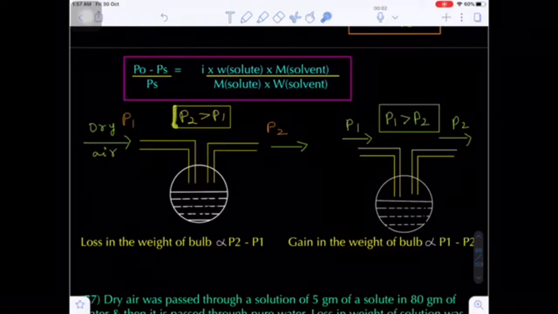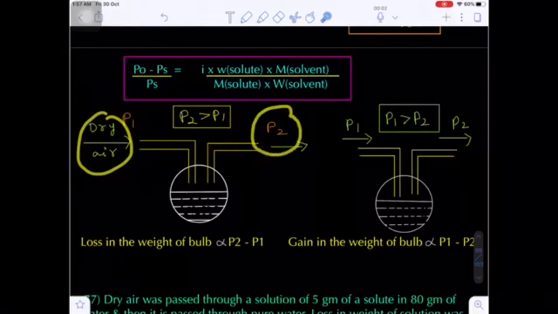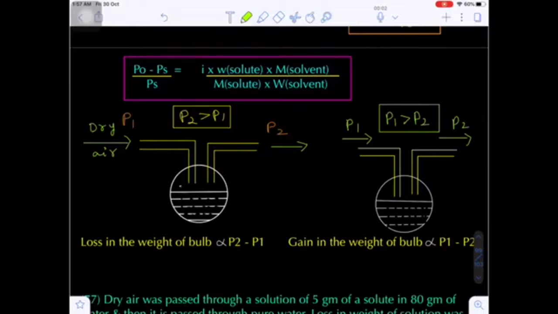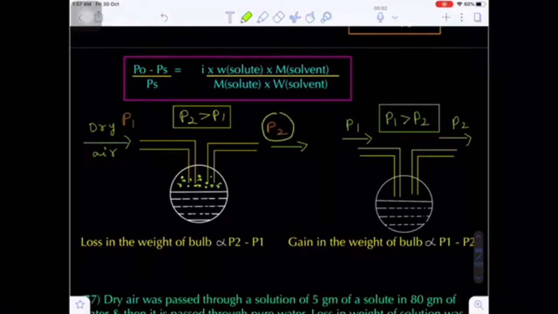Let's suppose we are assuming P2 is more than P1. That means after passing the solution or solvent, the dry air pressure will be P2, which is greater than the initial pressure. What is the meaning of this? That means the dry air captures some vapor on the surface of the liquid or solution, due to which its vapor pressure increases after passing through the solution. That means when the dry air catches the vapor on the surface of a solution, obviously the weight decreases in the bulb.